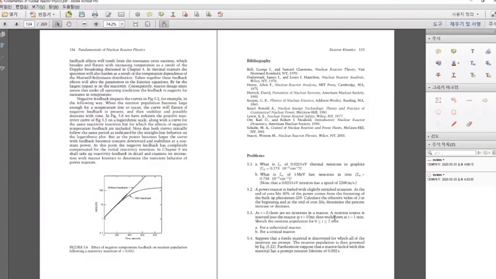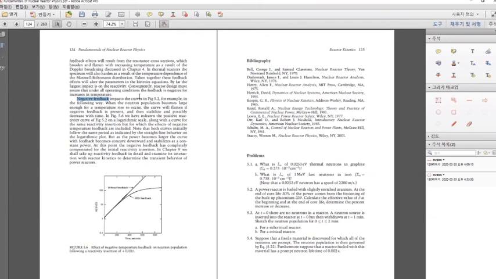So our textbook, next page. It also talks about temperature in a thermal reactor, the temperature dependence of the Maxwell-Boltzmann distribution. So usually this type of negative feedback is provided.